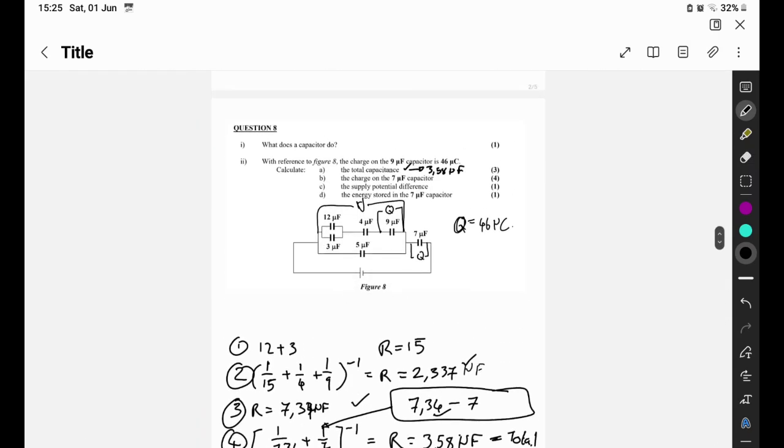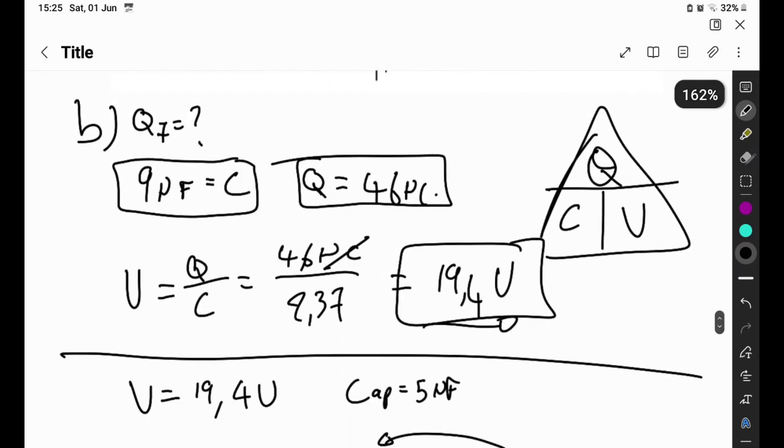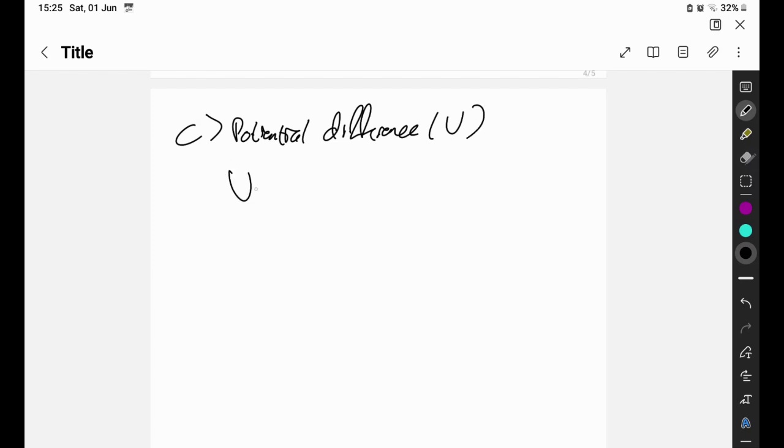So now we'll be doing question number C. The supply potential difference. They want the potential difference for 1 mark. So they want potential difference, which is the volts, right? So the potential difference is equal to, we know that Q is equal to VC, right?